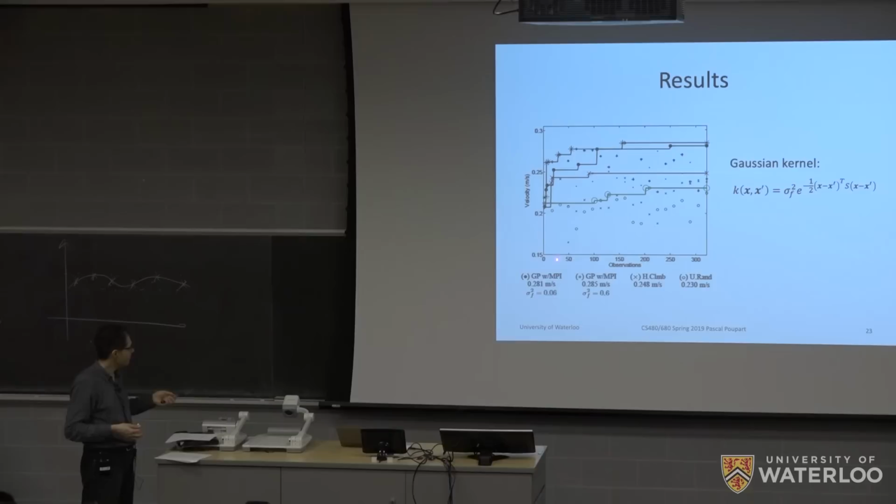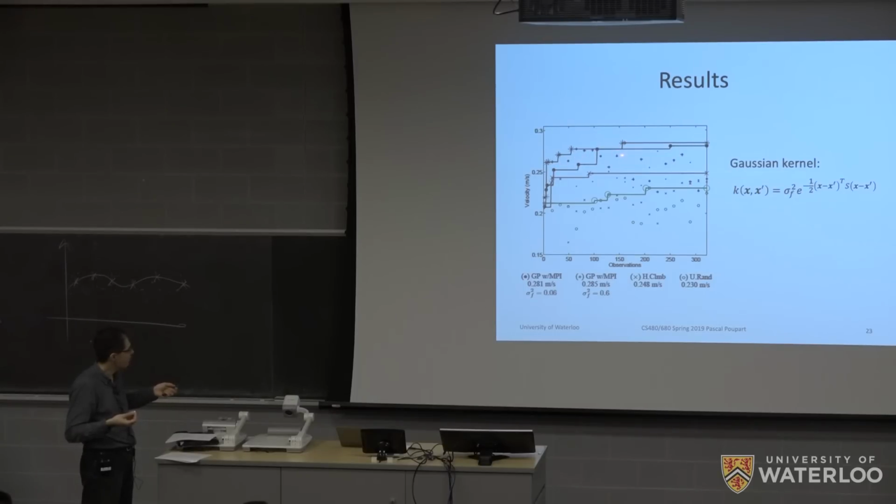Okay, so then these curves essentially show what is the best speed that was discovered by trying different settings for different algorithms. The first two here are the Gaussian process, but with different variances. So here 0.06 and here 0.6. And then they obtained a very good speed very quickly.